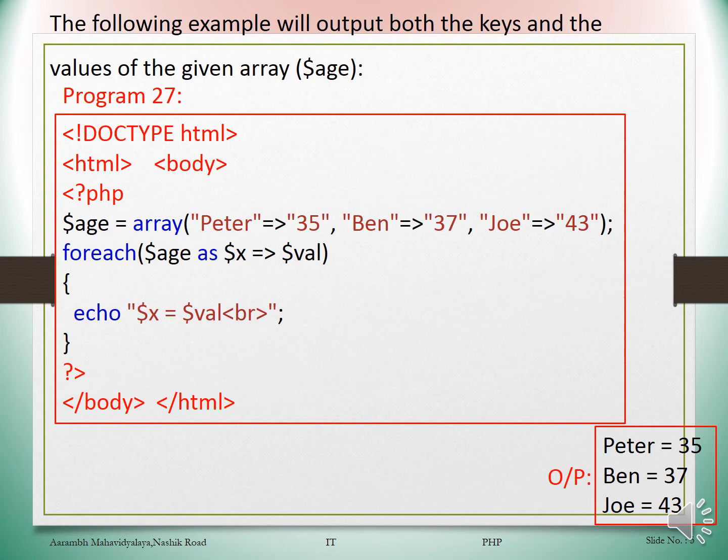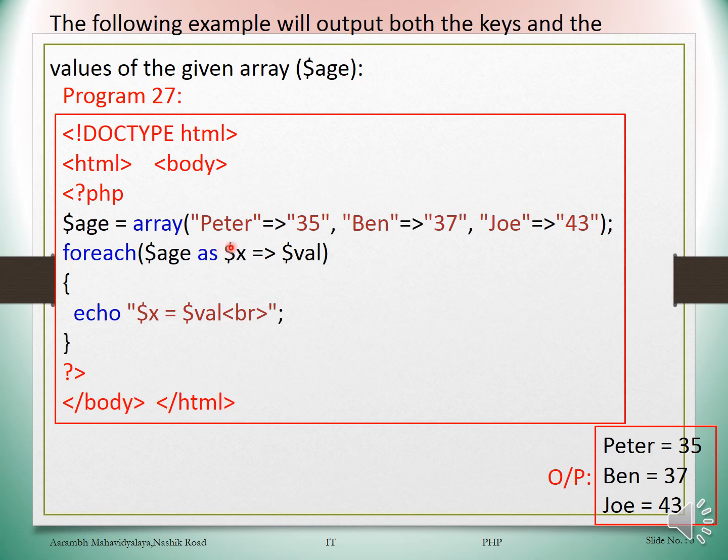Then next, see one more example. Here we output both the keys and the values of the given array age. Here our array name is age, and in the array three persons' ages are provided.